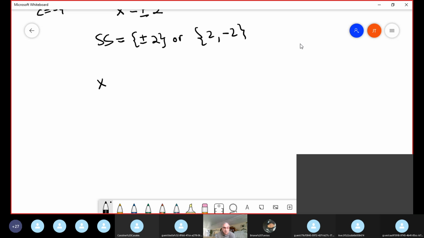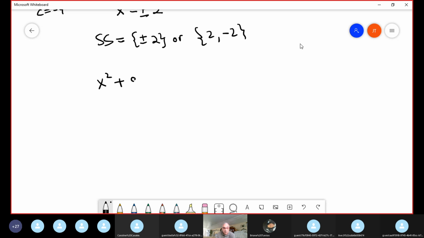Suppose another example, example 2 of the square root method. Suppose this. Okay, I realize b is 0, so I want to apply the square root method. You isolate x squared equal to minus 9. Apply square root to both sides. And x is equal to, but now square root of negative 9 is imaginary, right?